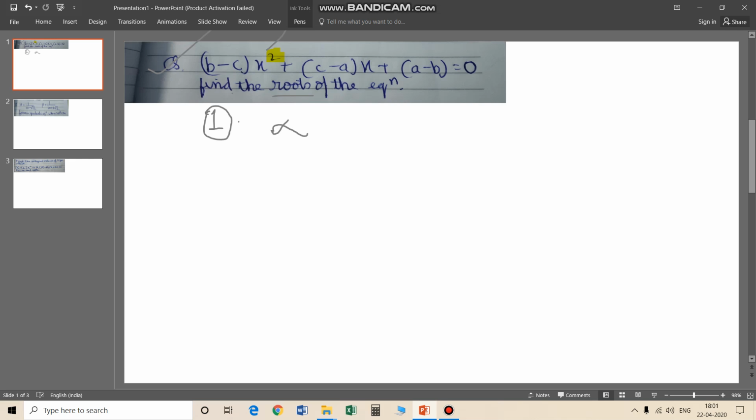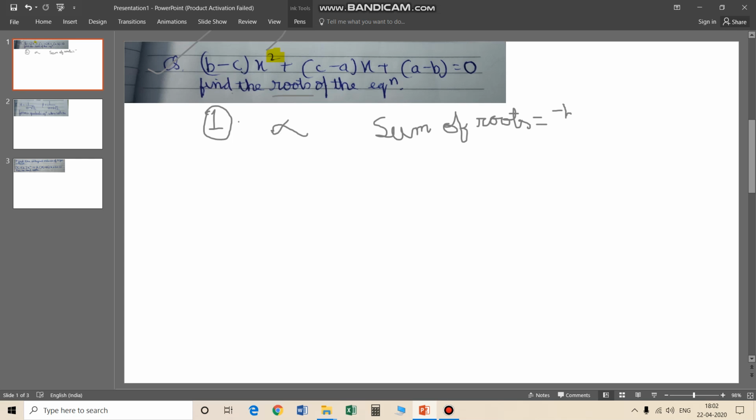You know the sum of roots. If you don't know this, let me write it. Sum of roots. We don't need the sum of roots here, but let me tell you, it will be very important for other questions. Sum of roots is equal to minus b by a.